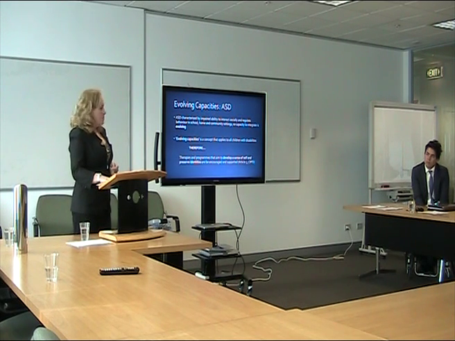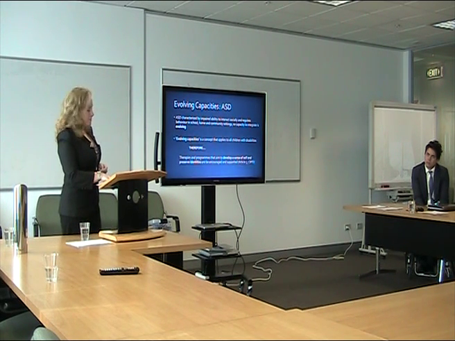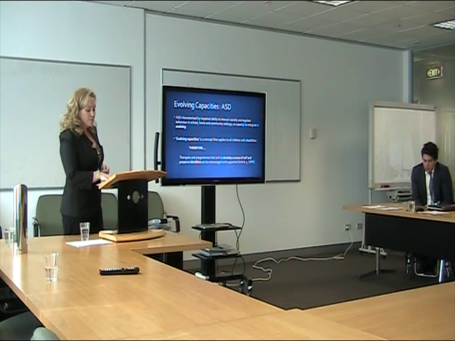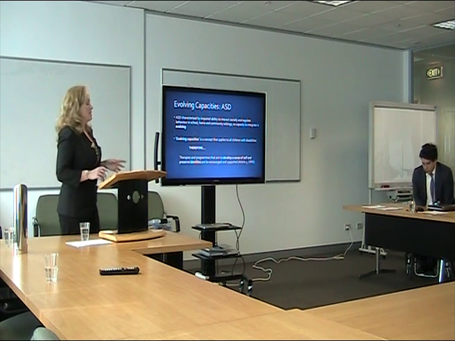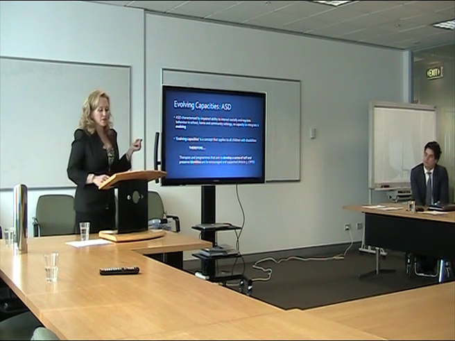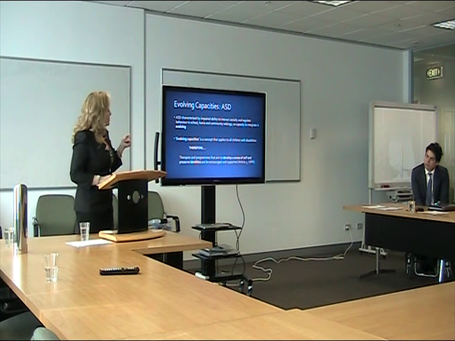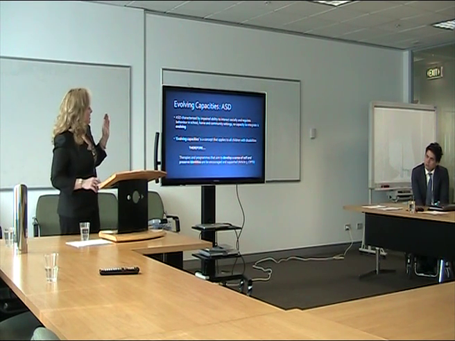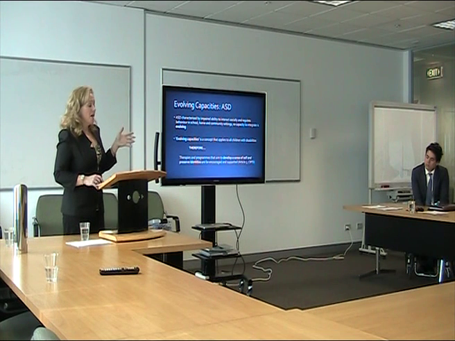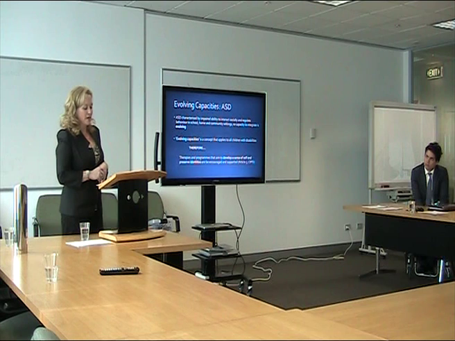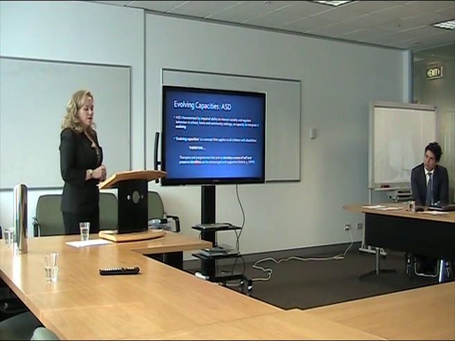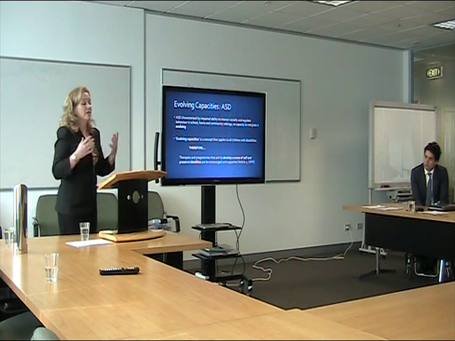I also just briefly want to mention Article 3, which is evolving capacities. It could also be applied to current good practice, because ASD being characterised by the impaired ability to socially interact and regulate behaviour means that a child's capacity to do that is evolving.